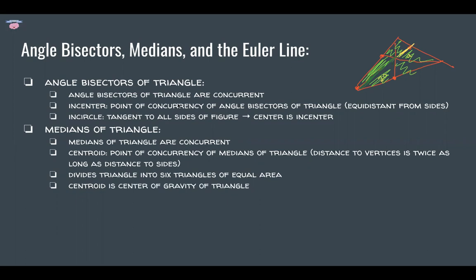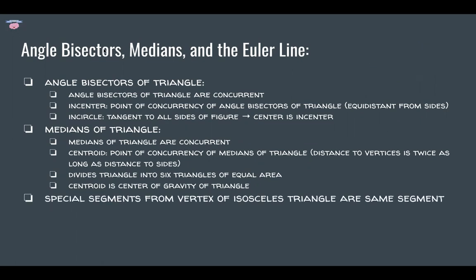So center of gravity is basically the balance point. If you hold up a triangle, let's just say it was made of paper and you cut it out or whatever, and you hold it at that point using your finger, it'll balance. If you hold it at another point, it'll fall down. That's why it's so important in things like engineering and physics.